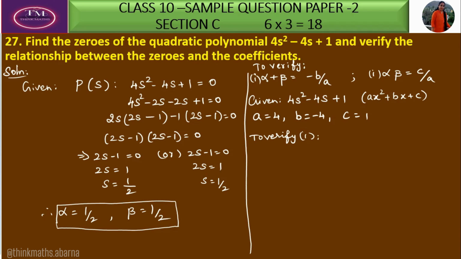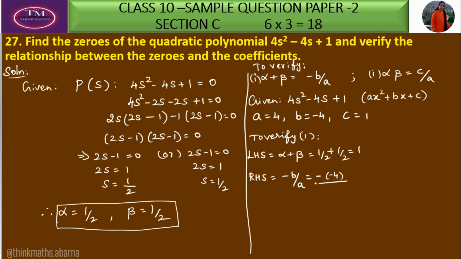So let us take the LHS. What is LHS? LHS equal to alpha plus beta. What is alpha? 1 by 2 and beta is also 1 by 2. So half plus half is equal to 1. What is RHS? RHS is minus b by a. What is minus b? B is negative 4.